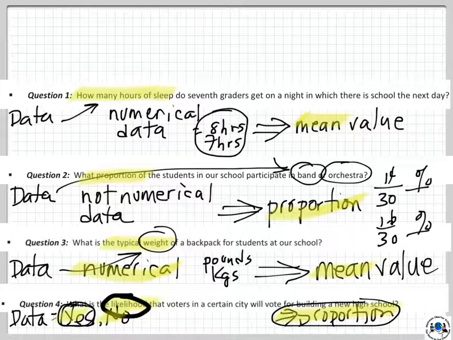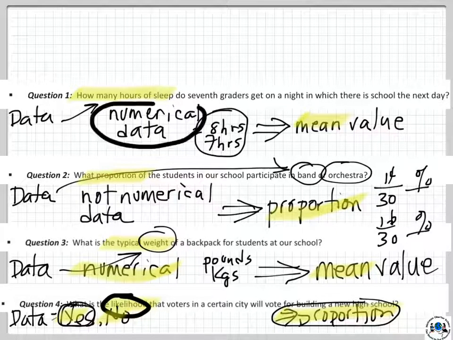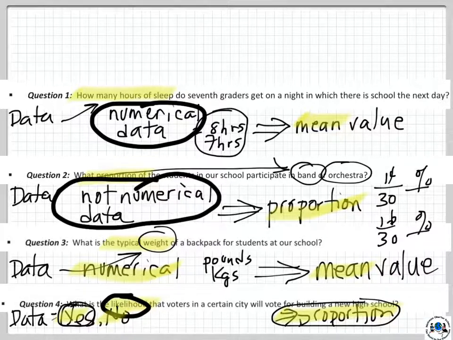Very important in your statistical future to understand the difference between these two: when numerical data is collected versus when it's not, and what you can actually do with that data. You can't find a mean from data where there is really no numerical value.